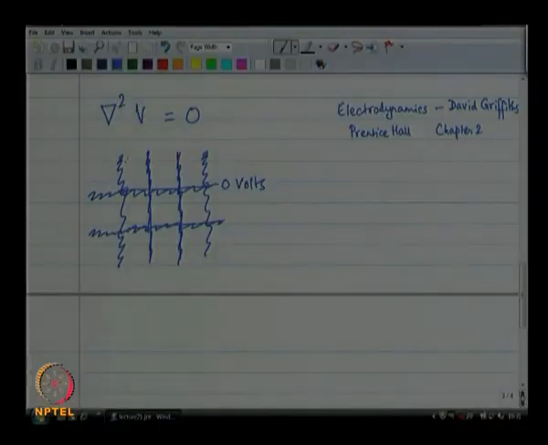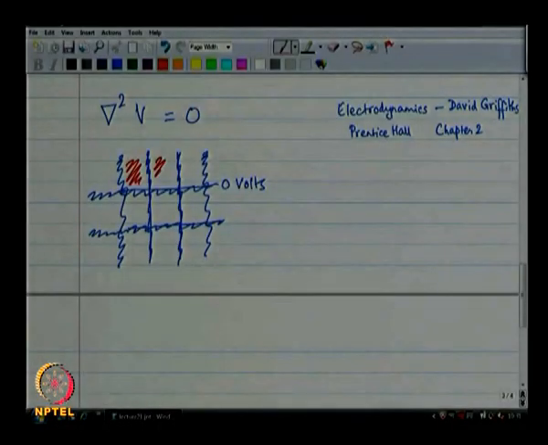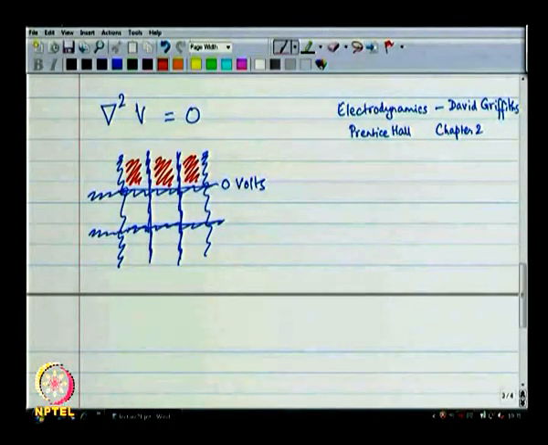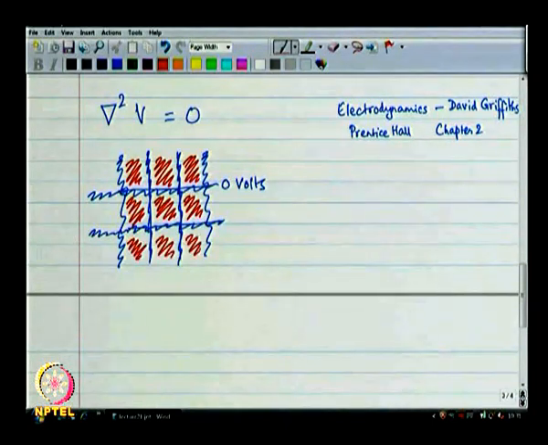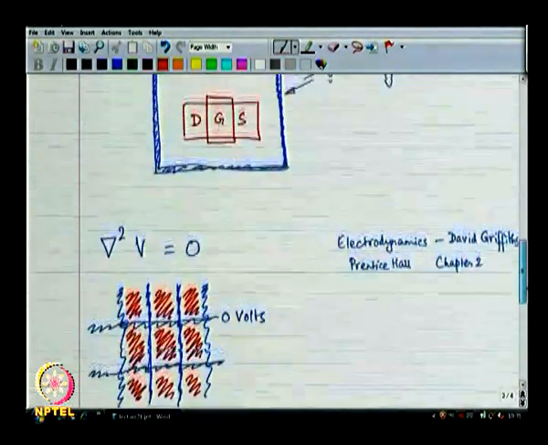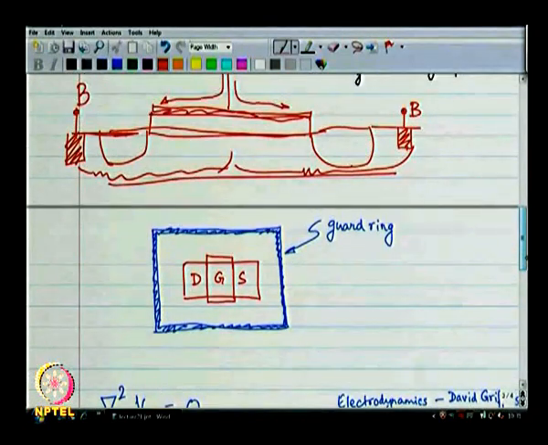So, everywhere in between you are also going to get 0 volts most likely. You are going to get other things also, but to a great deal of approximation you are going to get 0 volts. Okay. So, this guard ring technique is basically something that we have borrowed from there. So, you put a grid around your device and hope for the best.